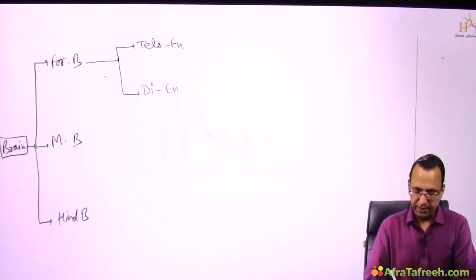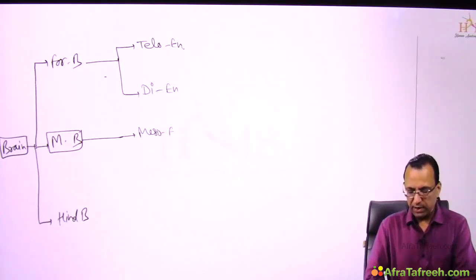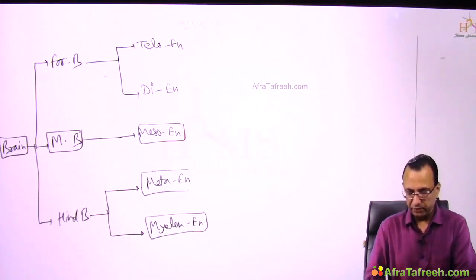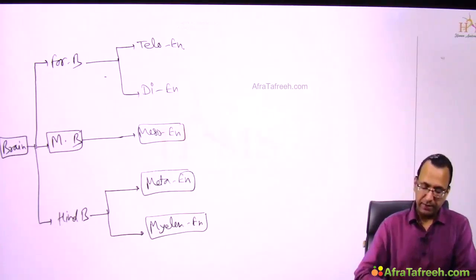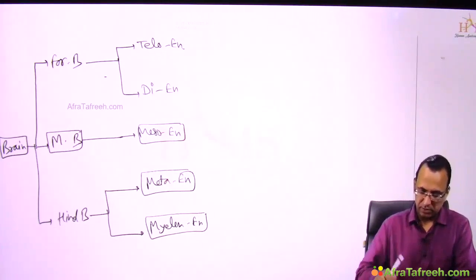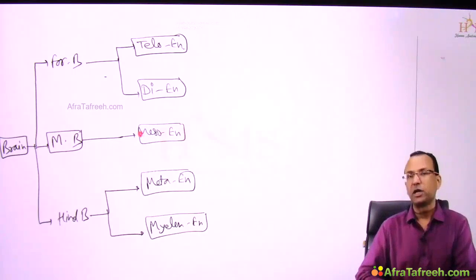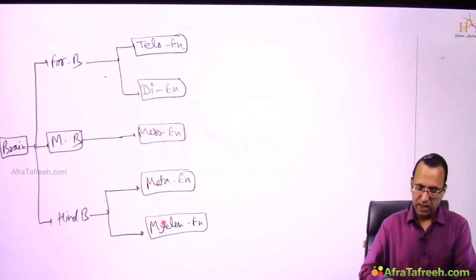The midbrain forms the mesencephalon, and the hindbrain divides into two, the metencephalon and the myelencephalon. So in the adult brain, we will have five brain vesicles: the forebrain gives telencephalon and diencephalon, the midbrain is the mesencephalon, and the hindbrain gives the metencephalon and the myelencephalon.